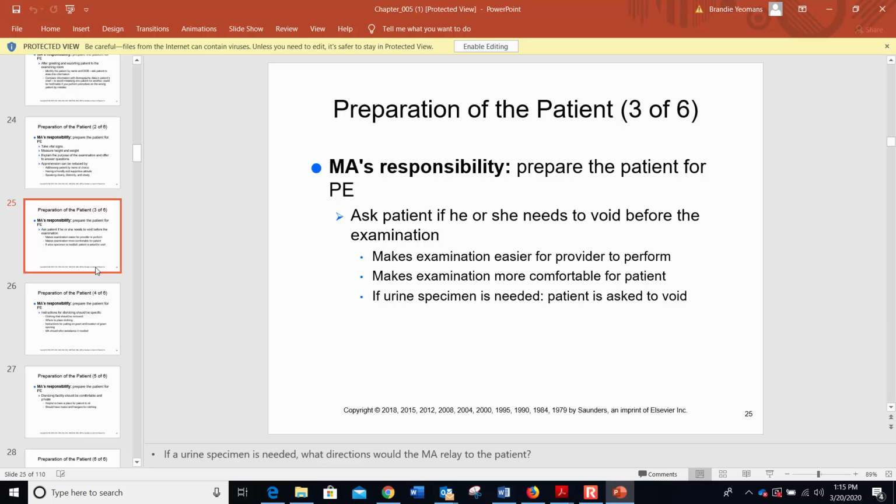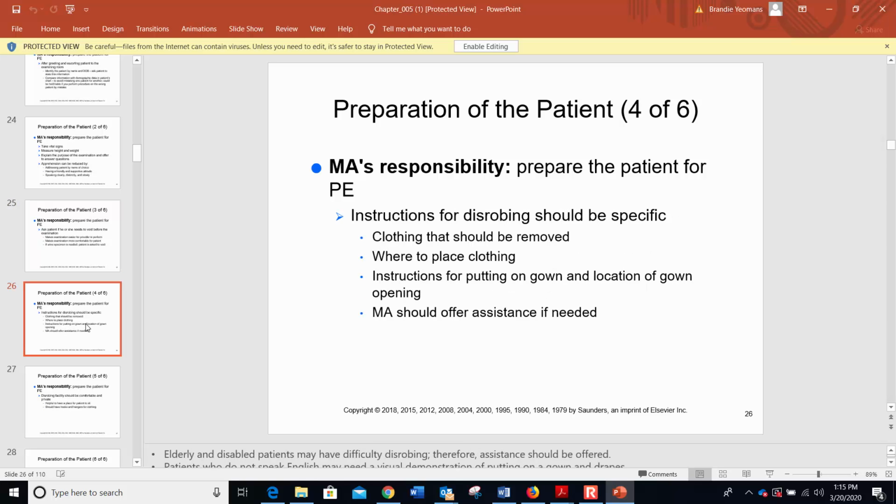There's the slide talking about voiding. You know that's important on my mind, isn't it? And then we've got to get that patient ready for their exam after we do our screening process. So depending on what kind of exam they need will depend on how much they need to disrobe. But it is extremely important, if your physician wants that patient in a gown no matter what, then put them in that gown and have them ready for him when he comes in.